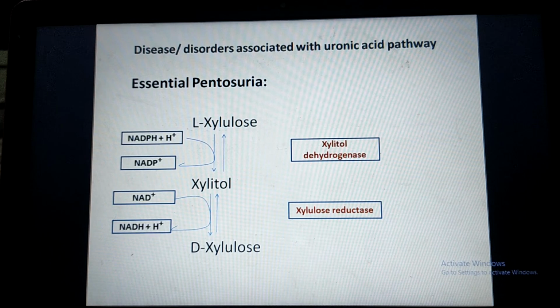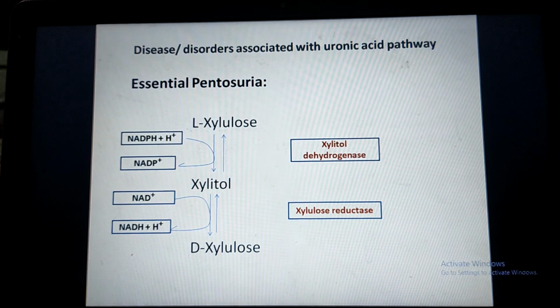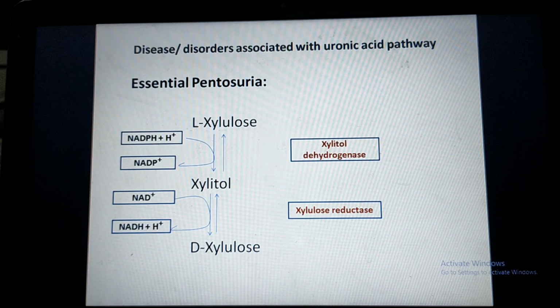So due to deficiency of these two enzymes, L-xylulose is not converted into D-xylulose and is excreted into the urine, leading to essential pentosuria. Sometimes it is asked in MCQ.